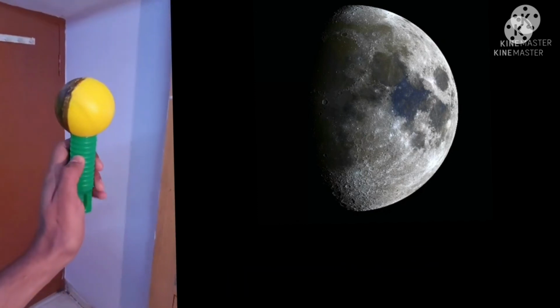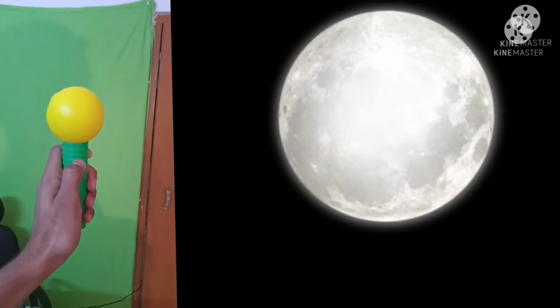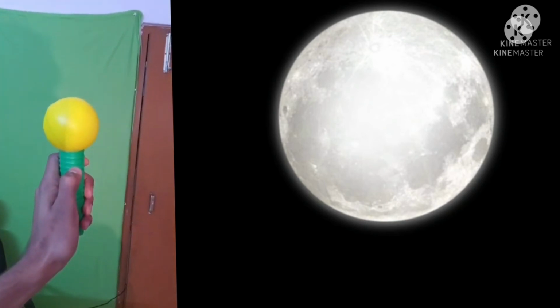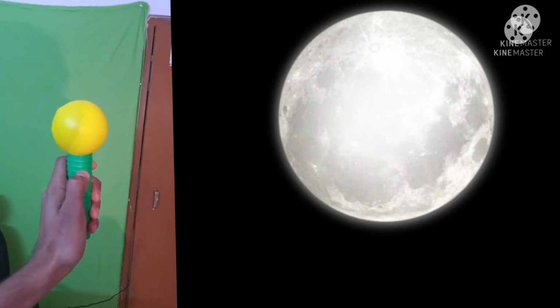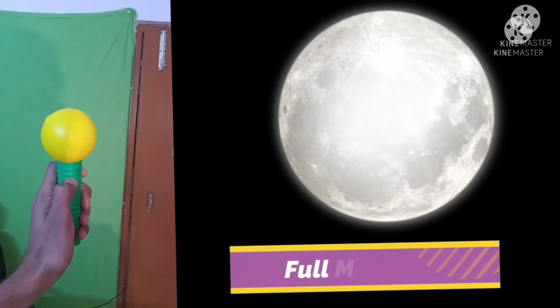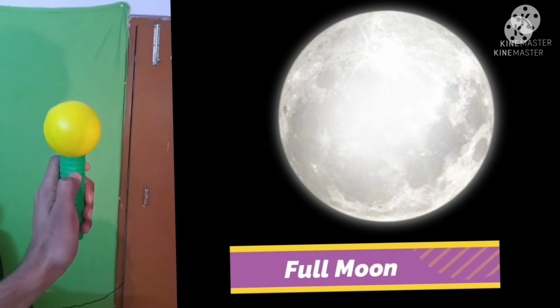And after 14 days, the entire illuminated surface of the moon is visible from earth. This is the day of the full moon. In this position the moon is exactly opposite to the sun. The sun's rays reflect on the surface of the moon, and we can see the illuminated surface of the moon. This is called the full moon.